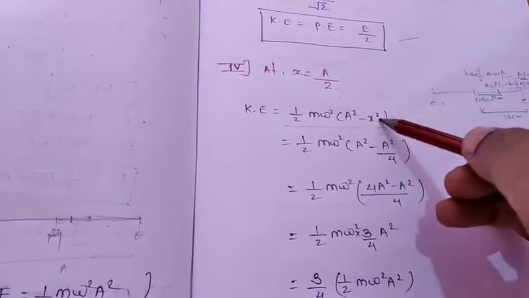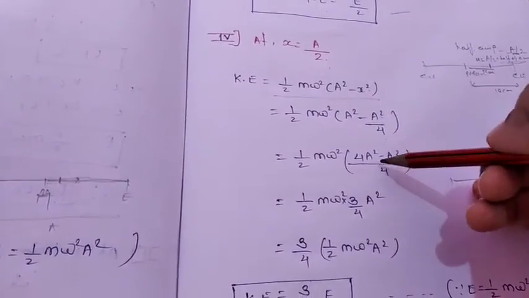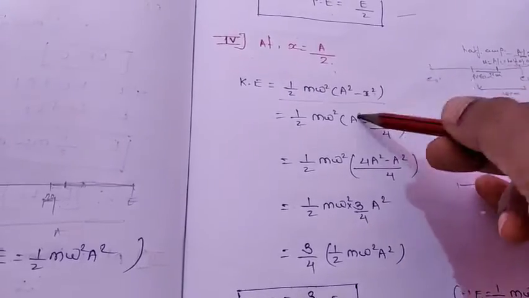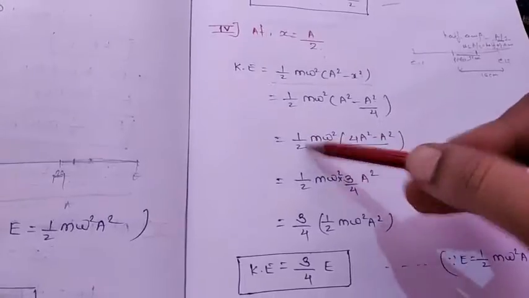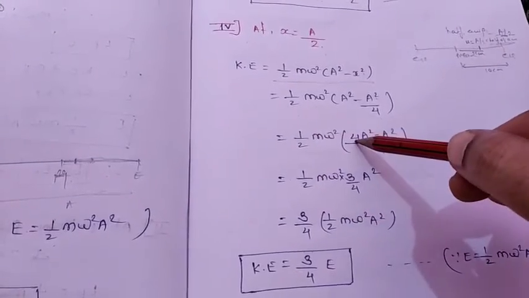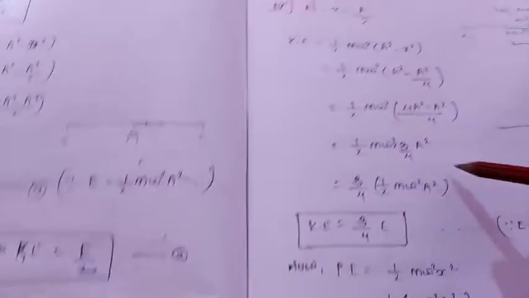The x value, x square is equal to a square by 4. Simplifying this bracket, a square minus a square by 4, so it becomes 1 by 2 m omega square, 4 minus 1, it is 3 by 4 a square.